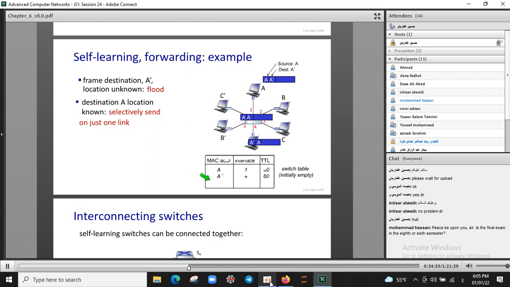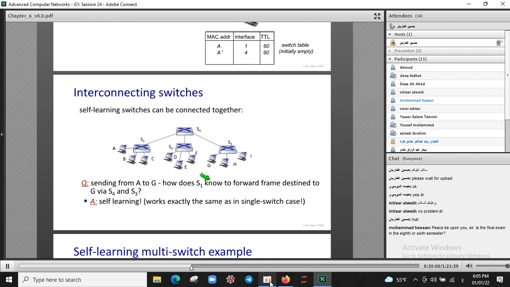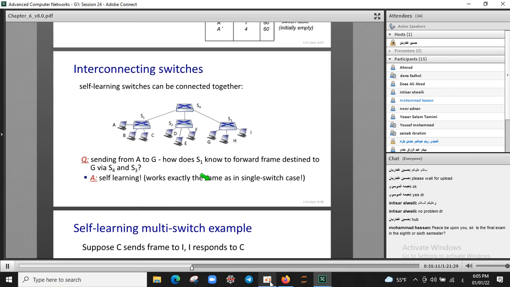But using this self-learning strategy in switches, the switch can cut the collision domains. A can send information to A', B can send to B', C can send to C'. That's easy. So we have several collision domains, and we can send more data simultaneously.